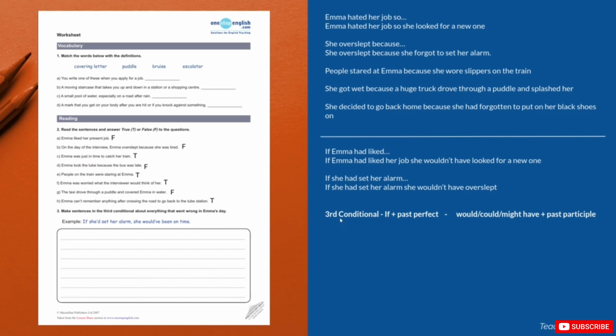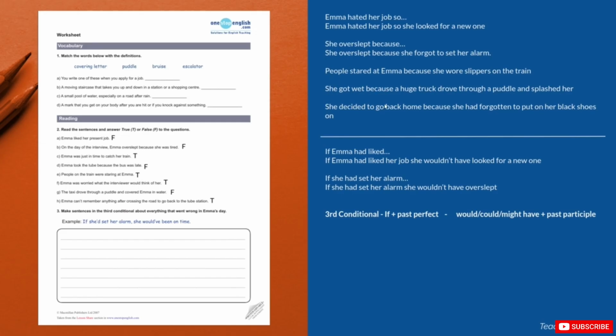So now that we've introduced them to the name of this structure and given them a basic idea, we've told them how to construct the third conditional. We can now instruct them to complete this exercise. So 1, 2, 3.